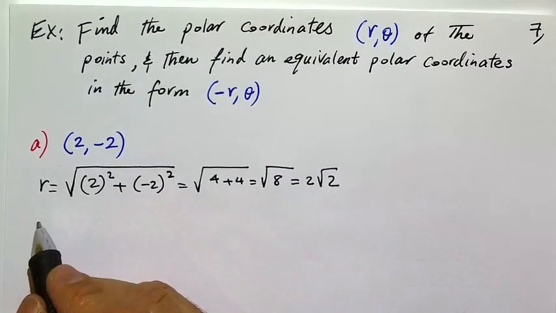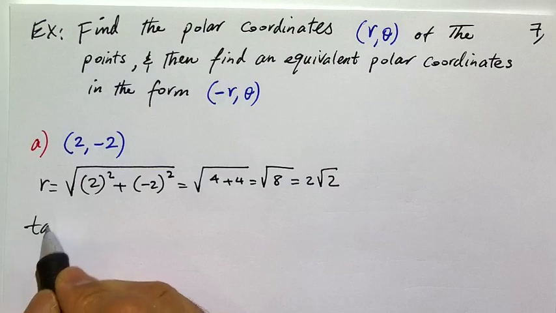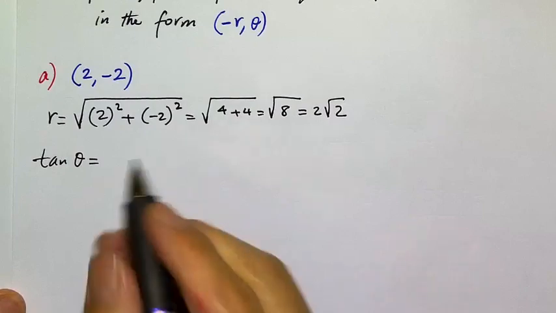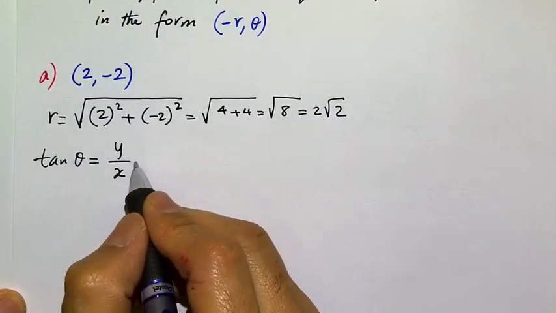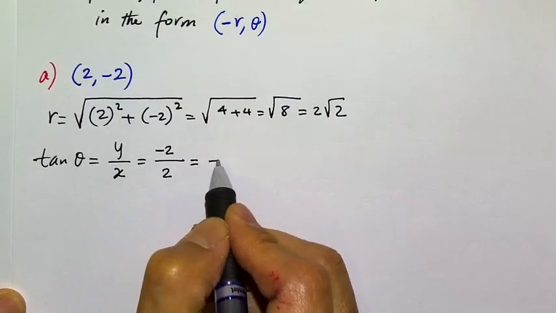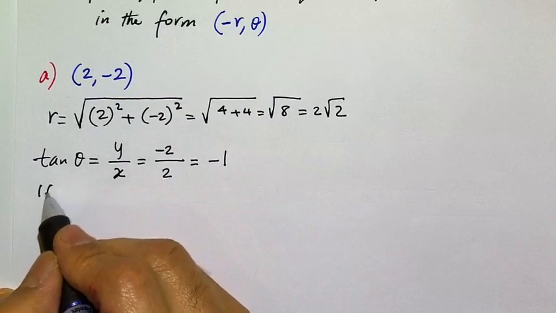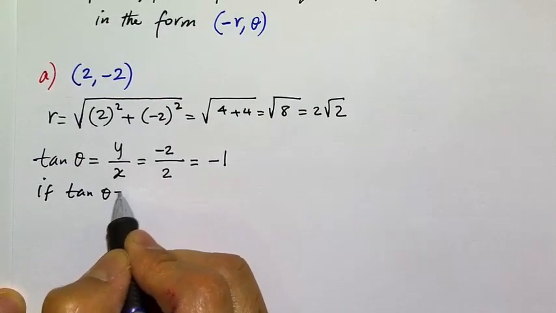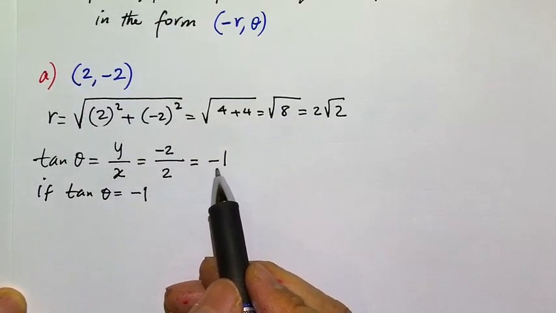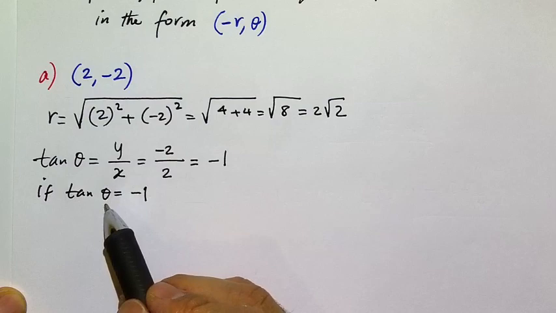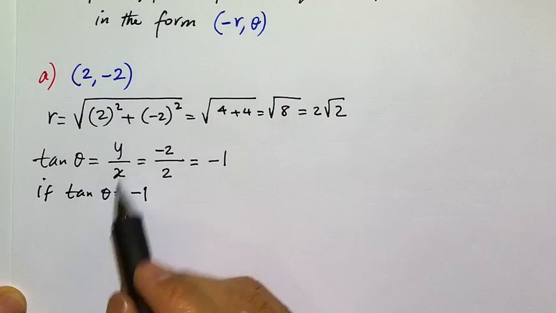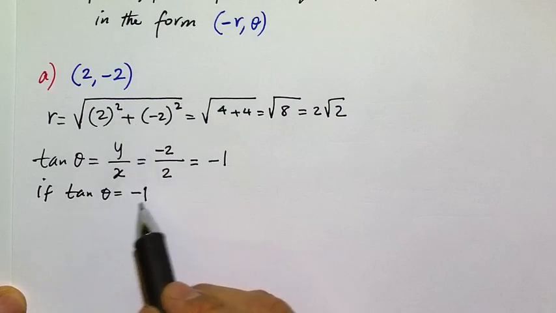Now, let's find the angle. So, we know that tangent of theta is equal to y over x, right? In this case, y is negative 2 and x is 2. So we end up with negative 1. Now, if tangent of some angle is equal to negative 1, if this was an awkward number, I would use my calculator to get theta in radians or degrees, in radians probably. But this is an easy angle.